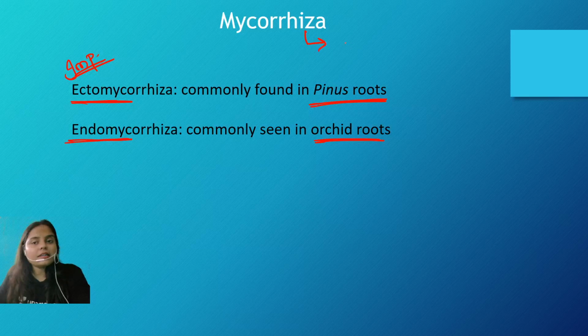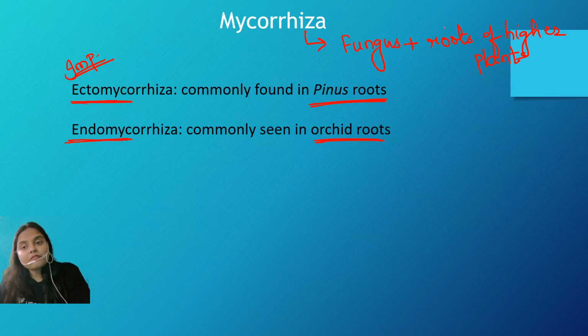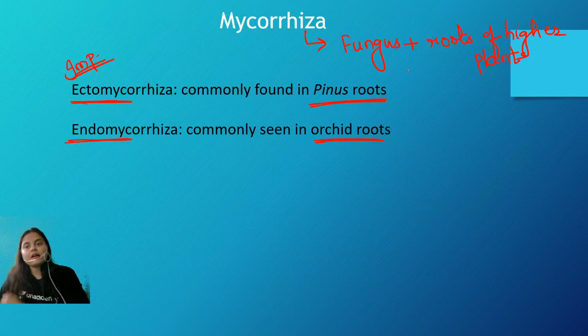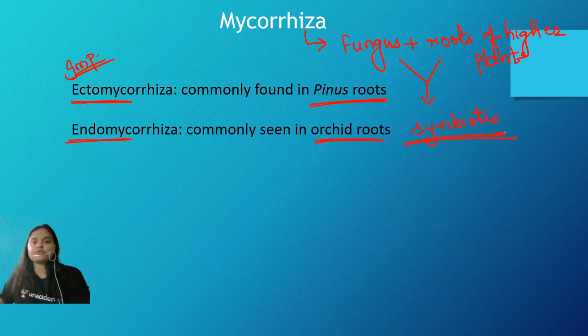It is a symbiotic relationship between the fungus and the roots of higher plants. The fungal part helps in mineral and water absorption, and in return it receives food from the higher plant. So this is a symbiotic relationship present in nature.